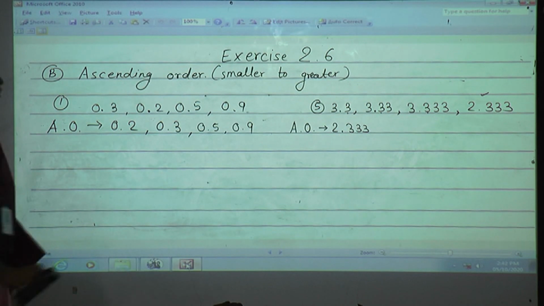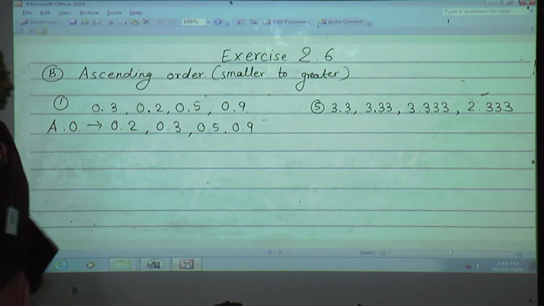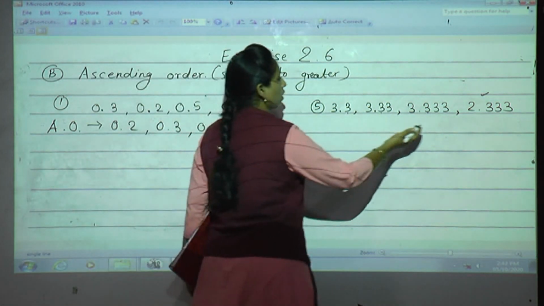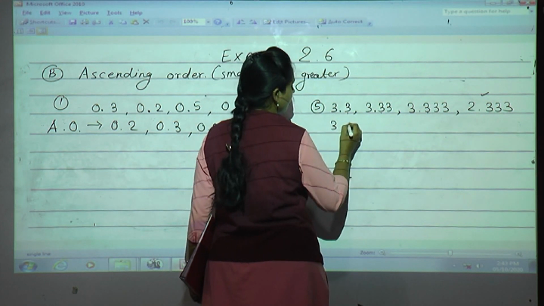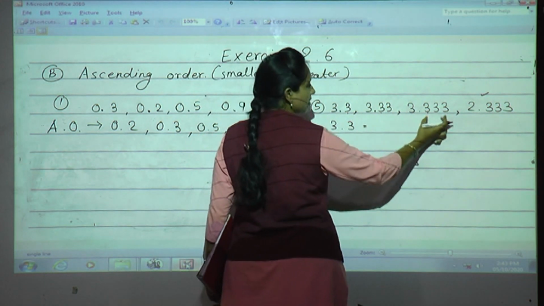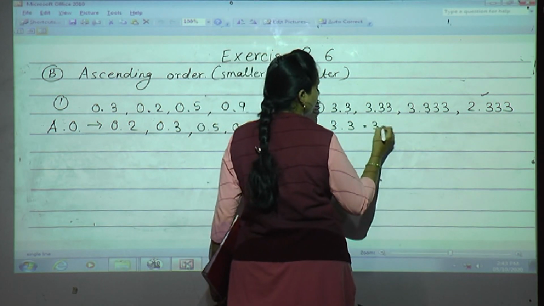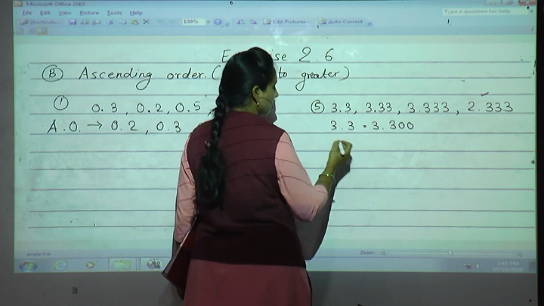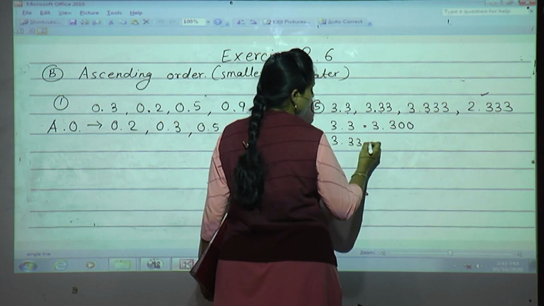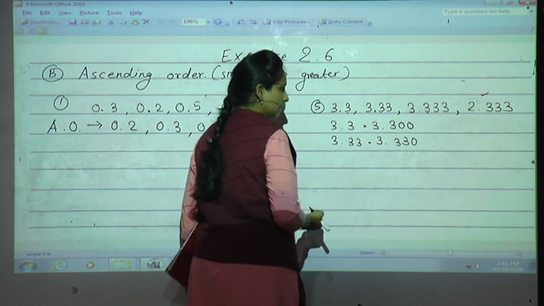First, what you do in this question, convert all these numbers into like decimals. See here 3.3 means, now how many decimal places are there at most? 3. So 3.3 means 3.300 and 3.33 means 3.330, isn't it?